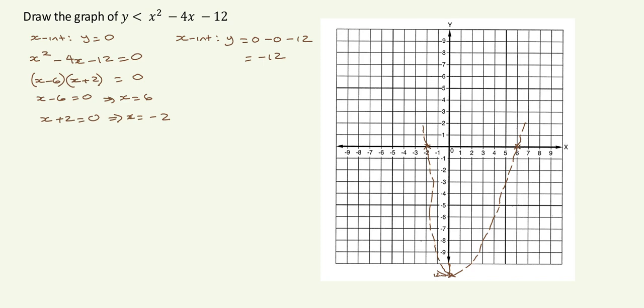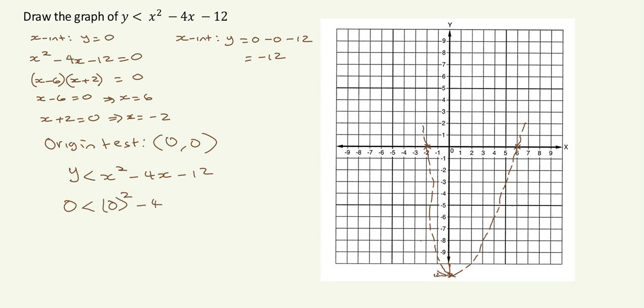Now we're going to use the origin test. So the origin test, we use the point 0, 0 as a test point. So y is less than x squared minus 4x minus 12. So 0 less than 0 squared minus 4 times 0 minus 12.